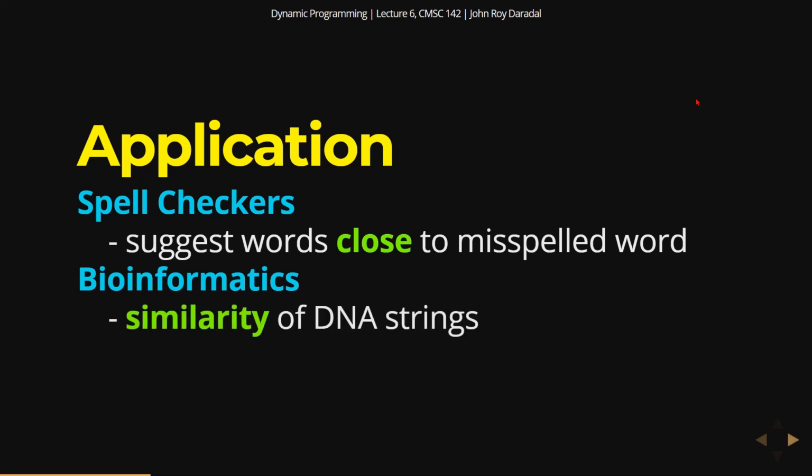And also in bioinformatics, so in analyzing DNA strings, you have a long list of A, T, C, and G strings, and if you have two DNA strings, you can find their similarity by getting their edit distance. If it's a small edit distance, then that means that it's more or less similar. Otherwise, they are different. Okay, so there are useful applications for minimum edit distance.